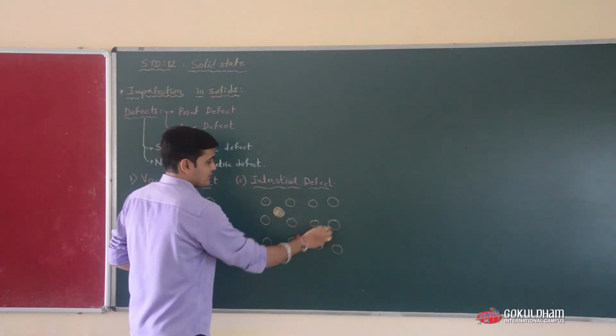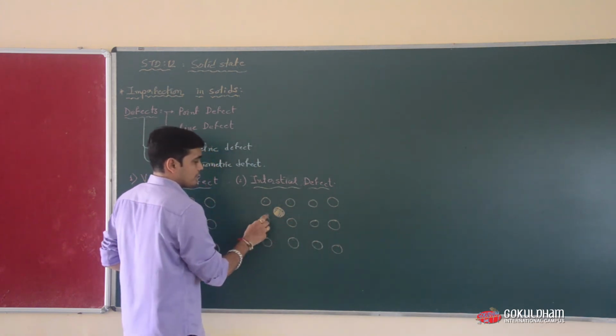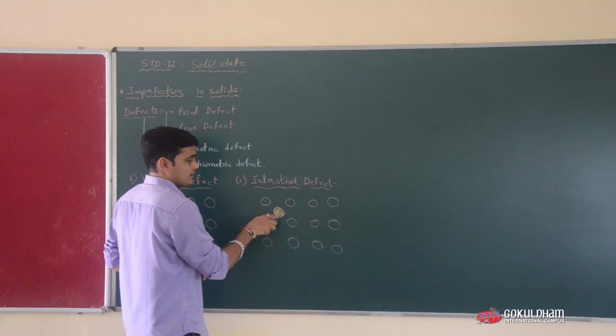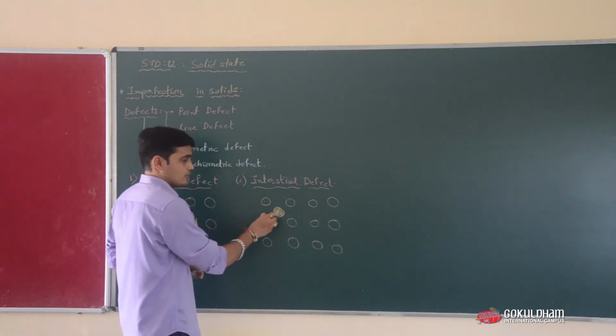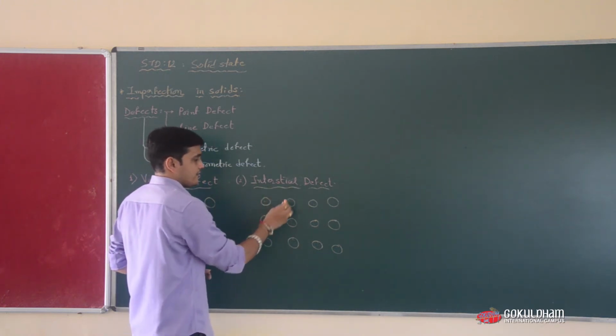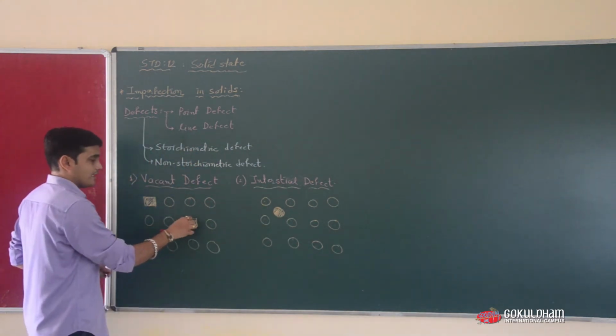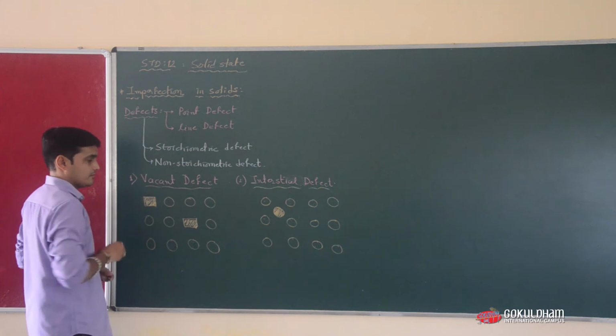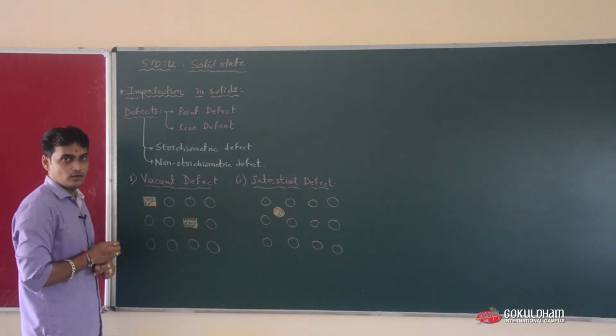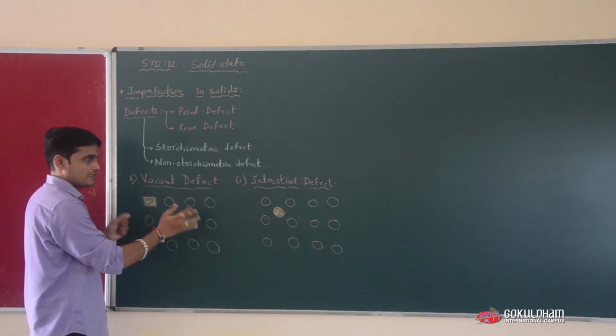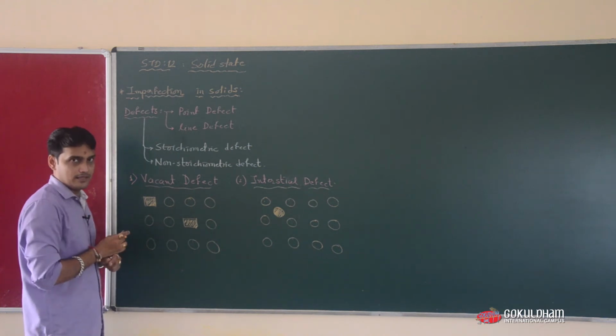All are in a certain position, but this molecule is in an uncertain position. So interstitial defect increases the density of the solid, and in vacant defect the missing of atoms will decrease the density of the solid. These are the basic two types of defect.